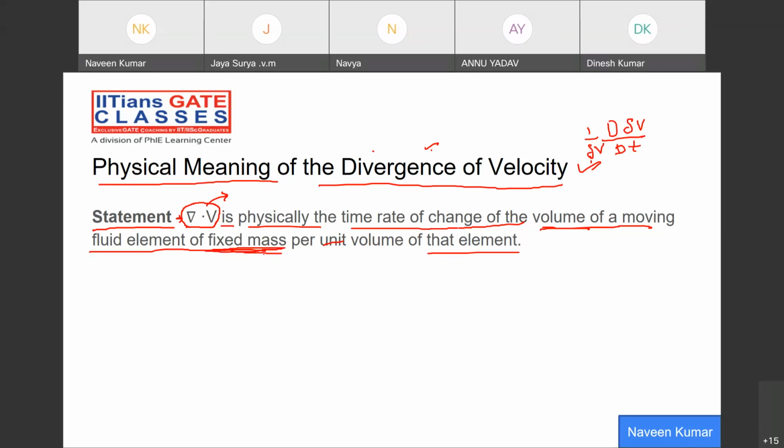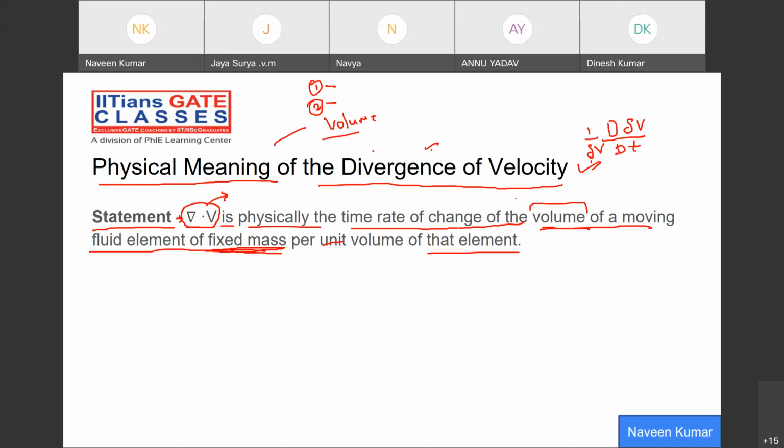So can you suggest, we are talking about the control volume, right? We are talking about the volume here. So if we are going to prove it, we have seen two models: the control volume approach, and the second one, the infinitesimal small element approach. If I'm going to solve this divergence of velocity, which model will you suggest?